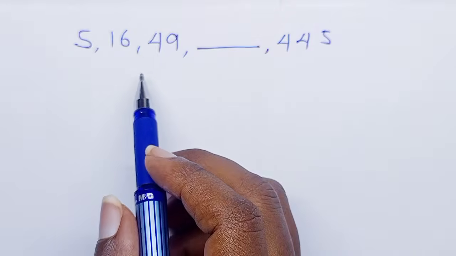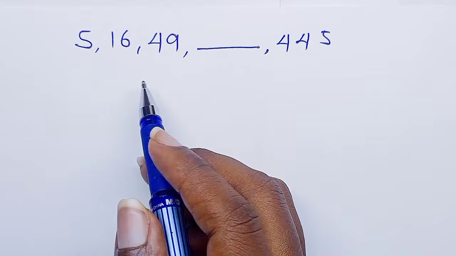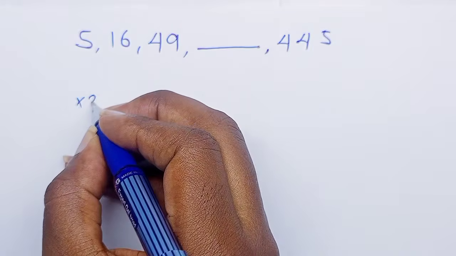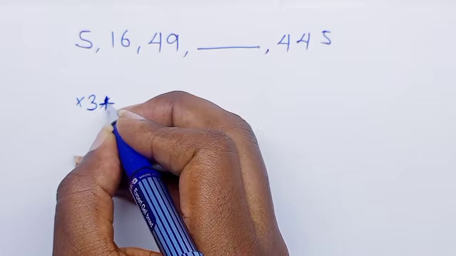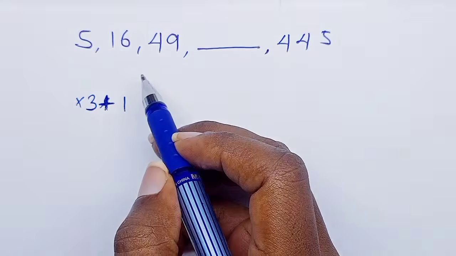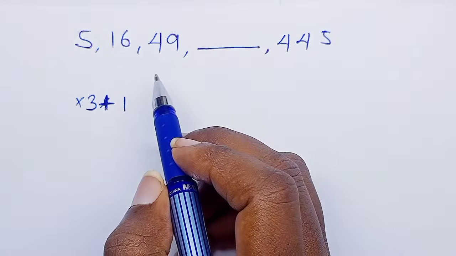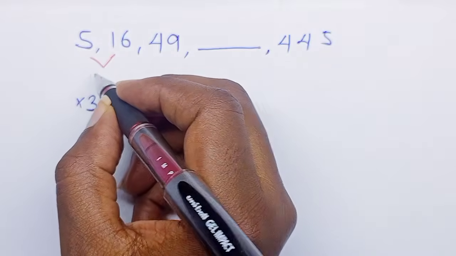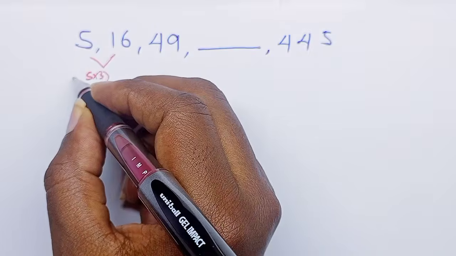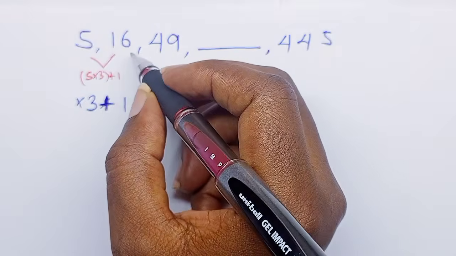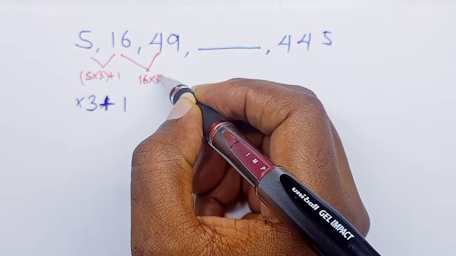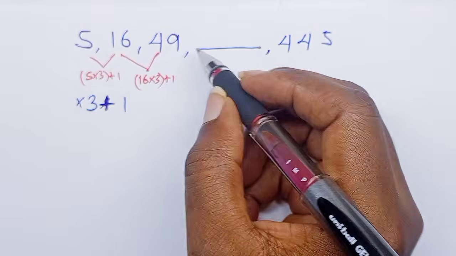Okay, now here it follows a sequence, or it progresses by you multiply times 3, then add 1 on each stage. Multiply times 3 and then add 1. So that means here we are going to multiply 5 times 3 and then add 1. Then here we have 16 times 3 and then add 1.